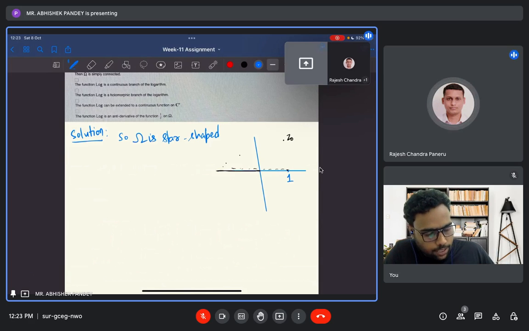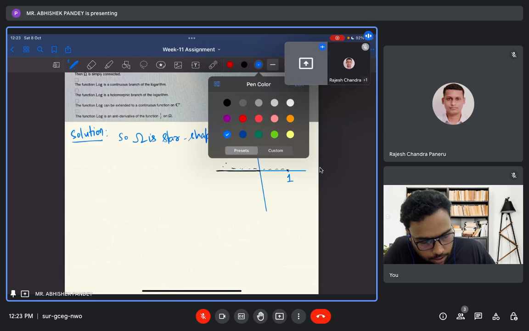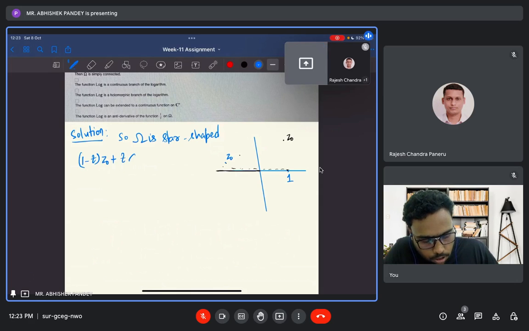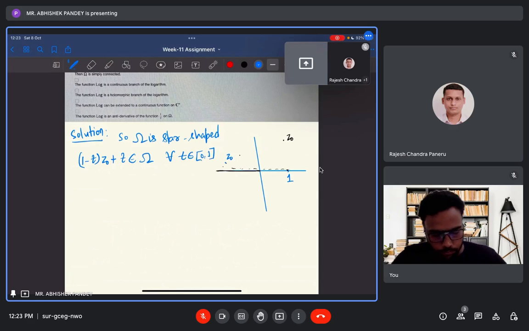Basically what you need to check is this: suppose you have z naught, then (1 minus t) times z naught plus t times 1 belongs to omega for every t in [0,1].